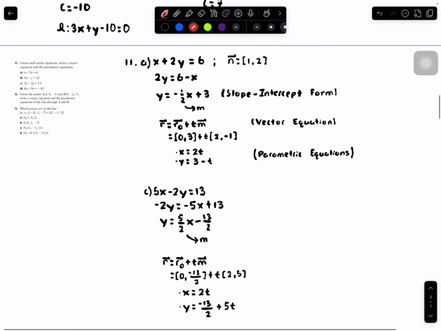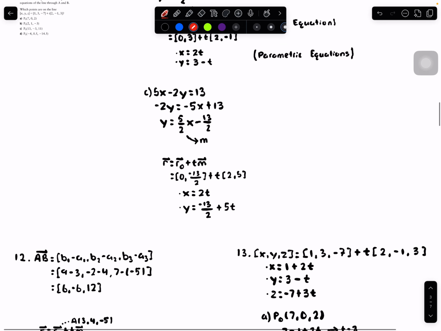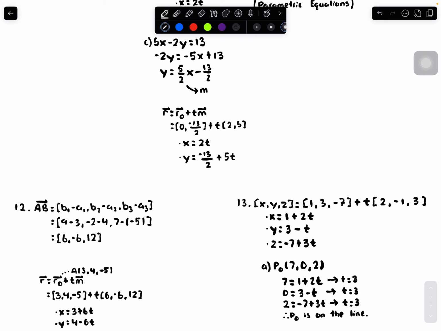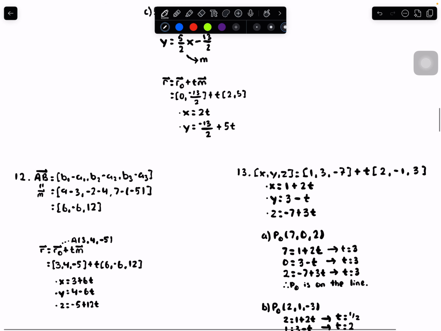So, for question 12, I just find the vector between them. I treat that as my direction vector, so AB is m as well. The vector AB is (6, -6, 12). That goes here for a direction vector.